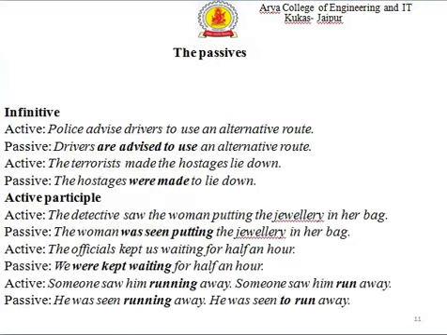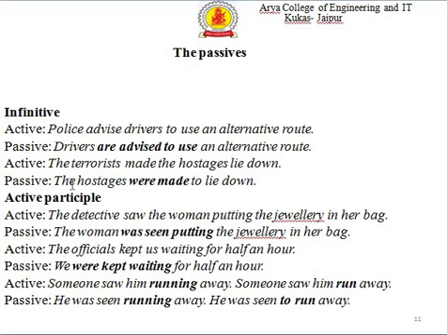For the passives we see the infinitive, that is, two verbs. Police advised drivers to use an alternative route. So, to use. The terrorists made the hostages lie down. The hostages were made to lie down.